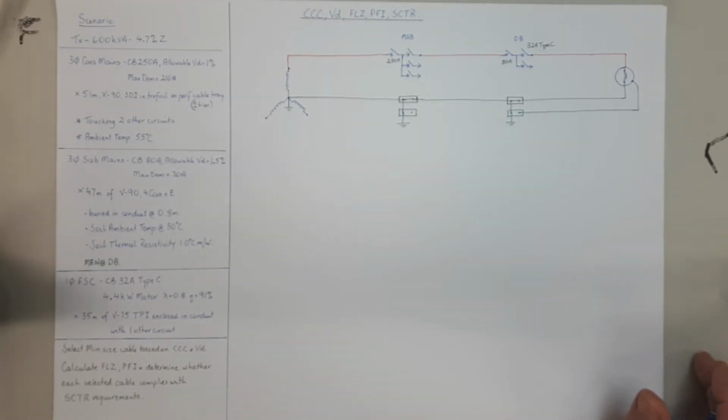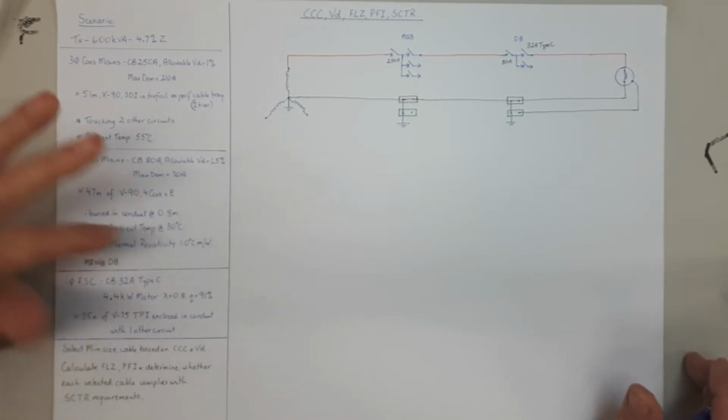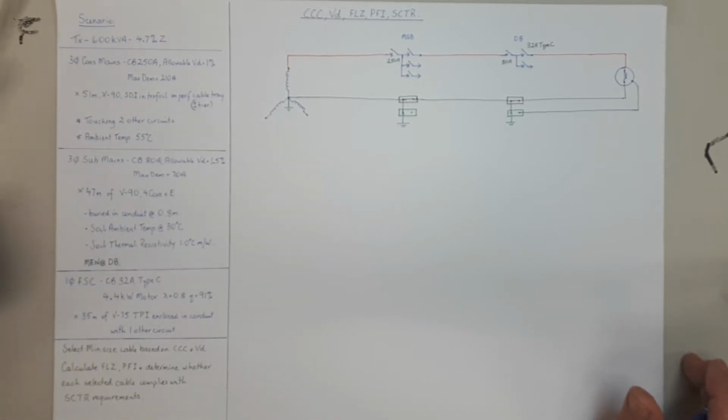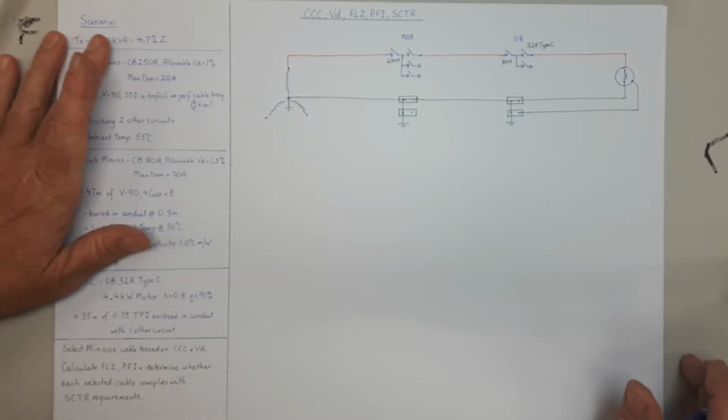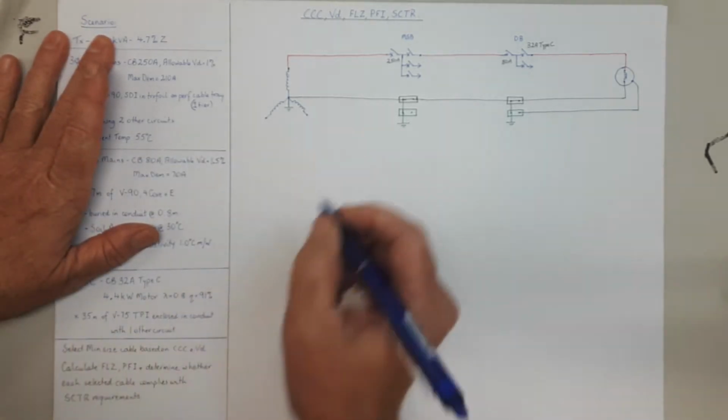So if you're not sure, I encourage you to follow it by pausing when you need to, checking it in AS 3008, because that's what we're going to be going off, and so at each point you can follow it with me and make sure you're going to the right table and the right column.